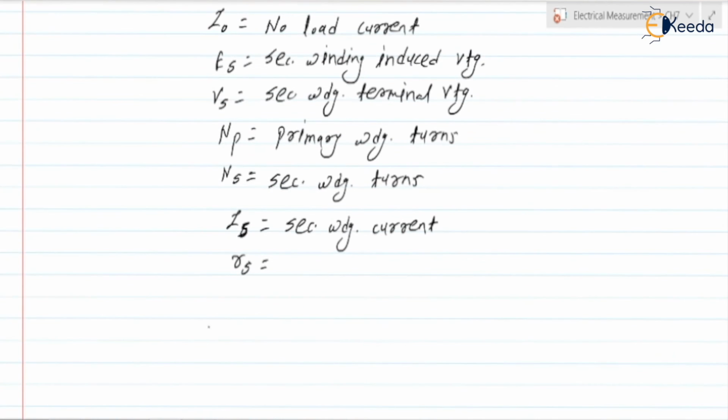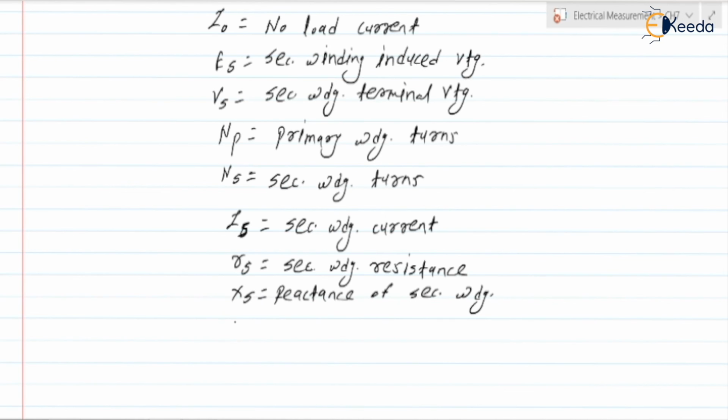Okay. RS is the resistance of secondary winding. Next we have XS. It is the reactance of secondary winding, right?